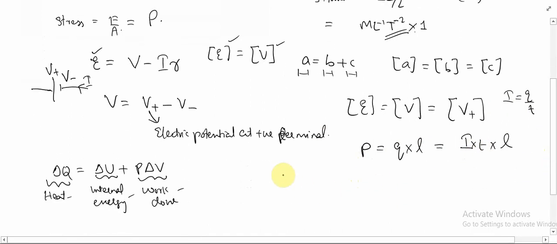Now what about electric flux? Electric flux is E A cos theta. Cos theta is dimensionless, so this will be E into A. Also we have a relation F is equal to QE.